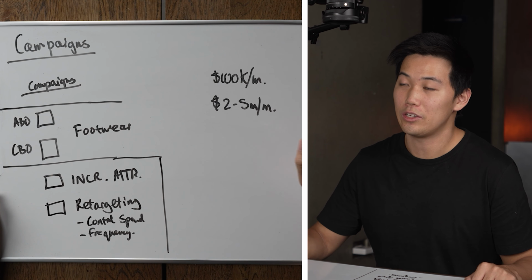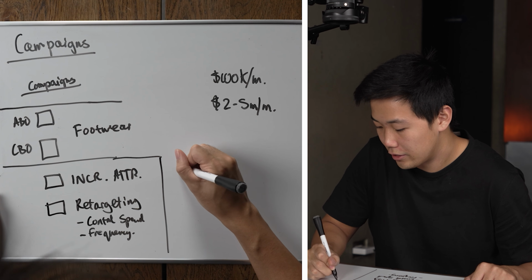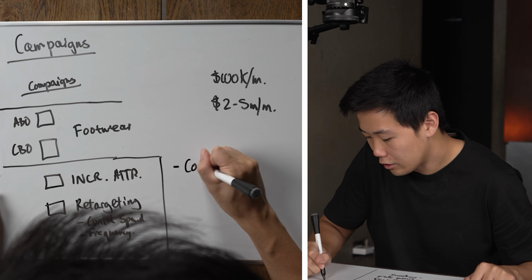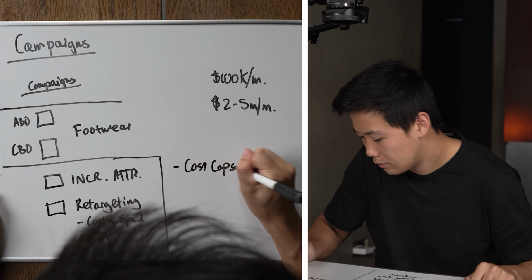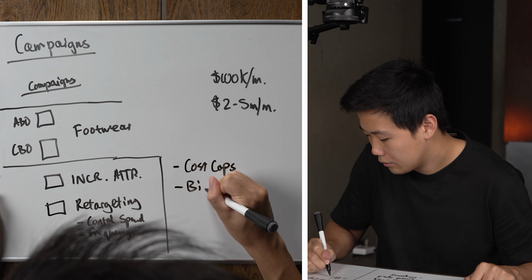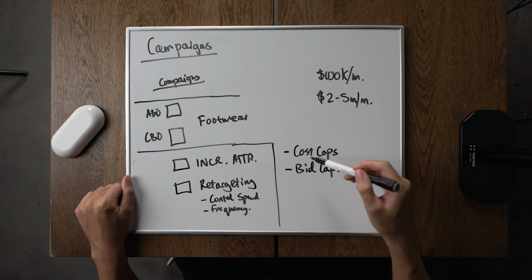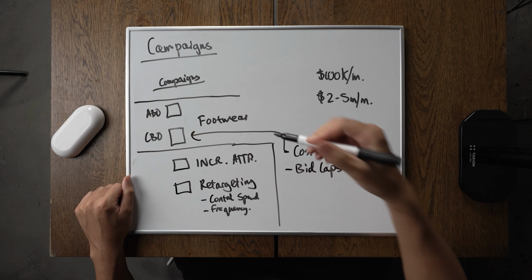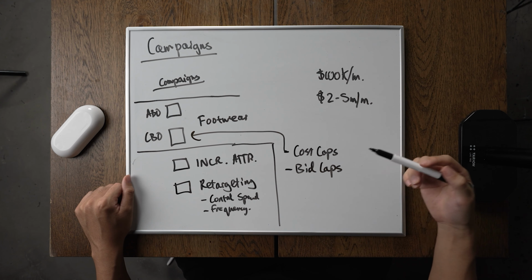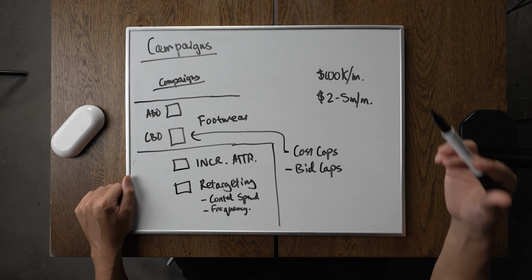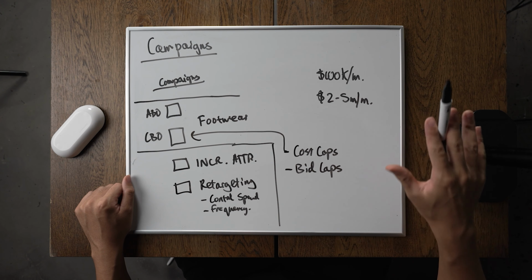Other campaign types that you can add to this as your spend gets larger are cost caps and bid caps, because this will allow you, especially when you start to implement them in the form of CBOs and ABOs, to scale to the next level while controlling your costs within the algorithm.